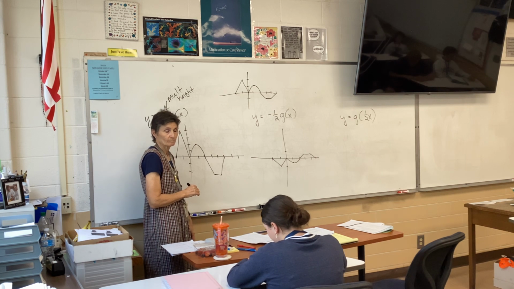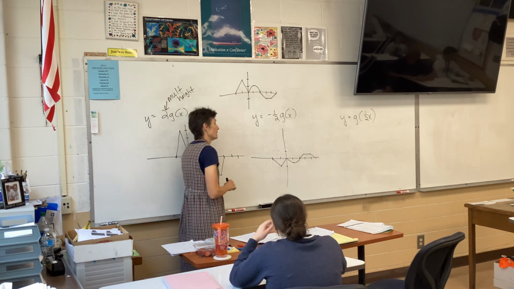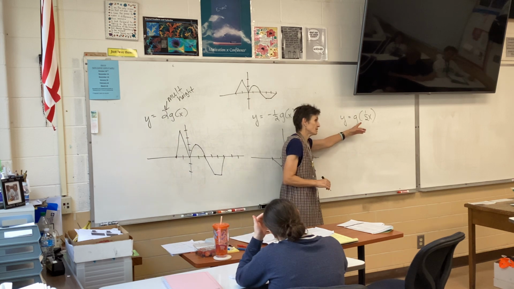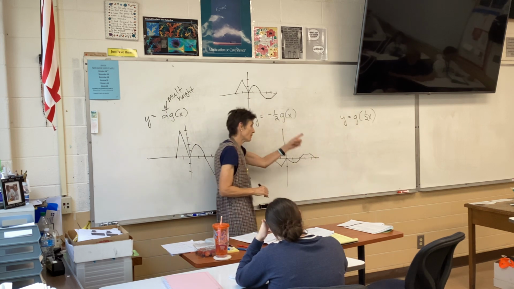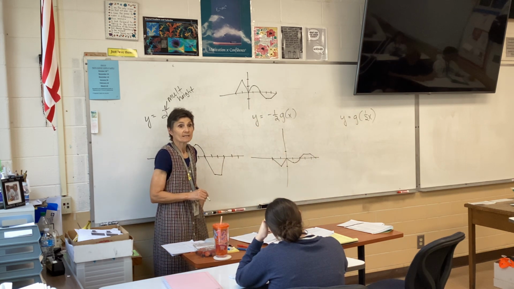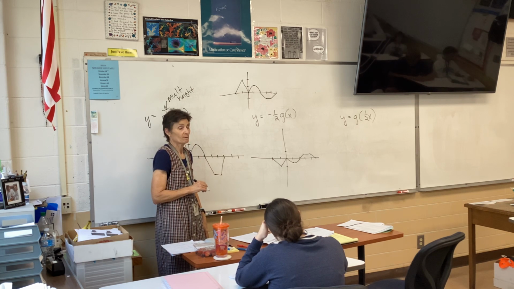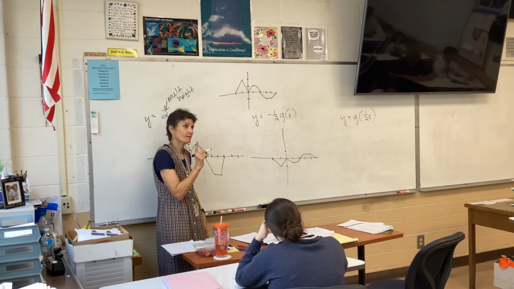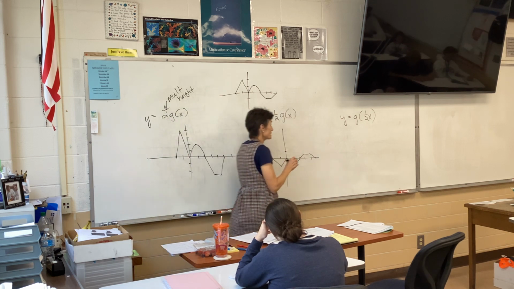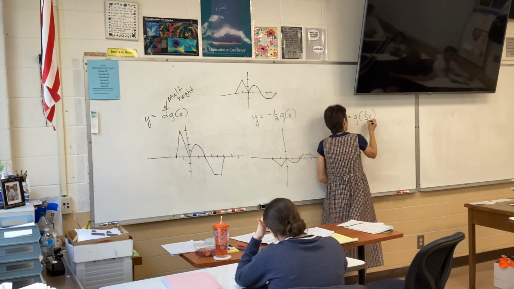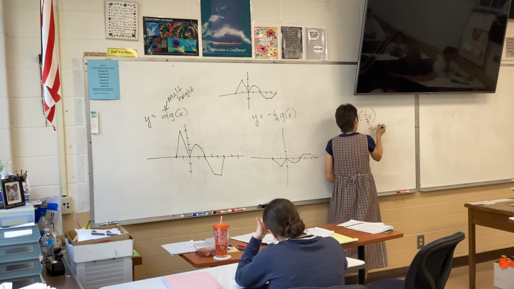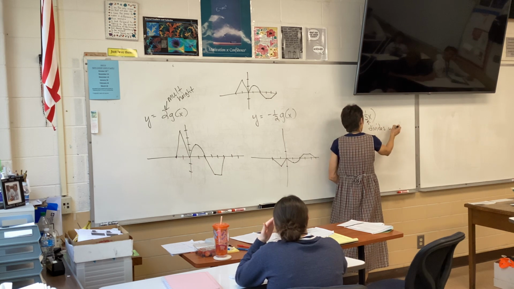Okay. All right. This one has a half in it too. What do you notice about that half though? It's inside. So it's going to change the width, but it's going to change it opposite of how you think. This number actually divides the width.